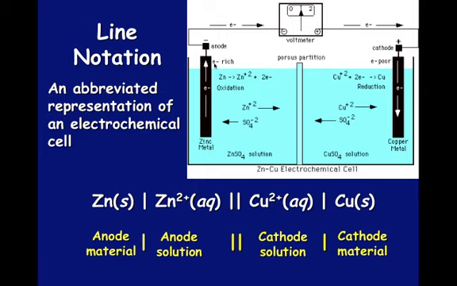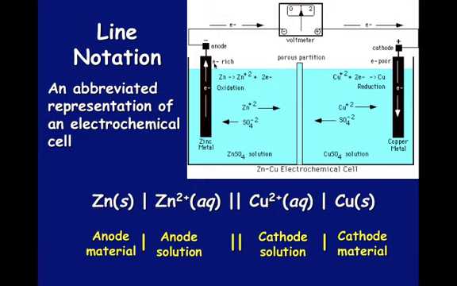If there are also different electrodes, so in this diagram we have zinc metal being an electrode and copper metal being an electrode, because they're the same as everything else, they're not written in the line notation. However, let's say we used platinum wires.